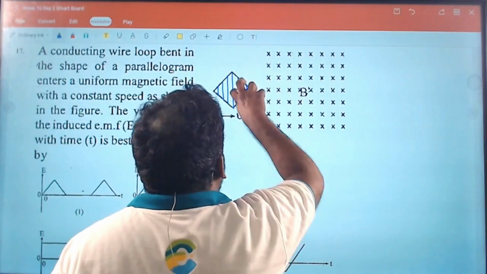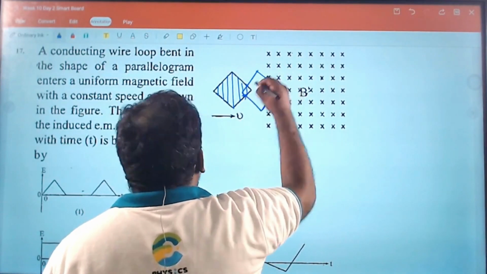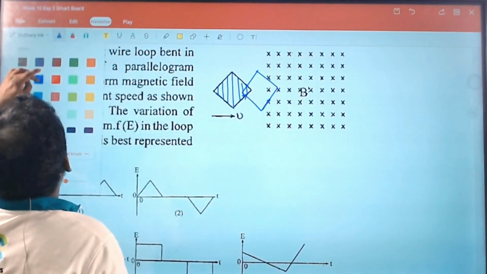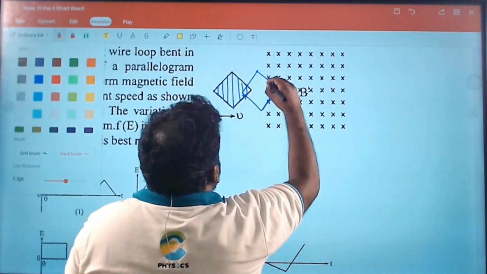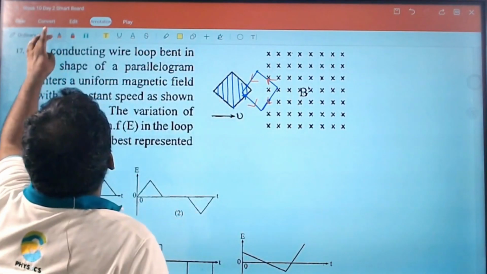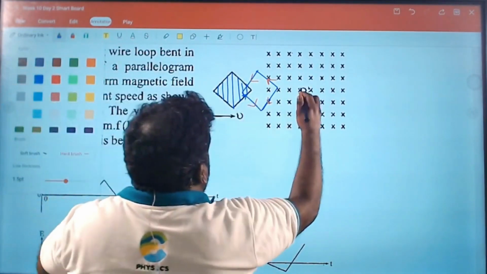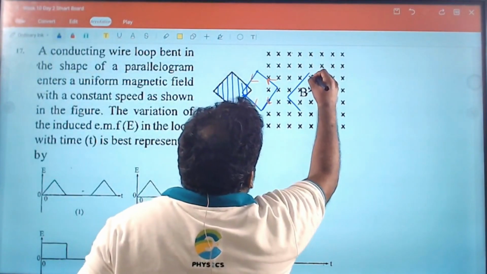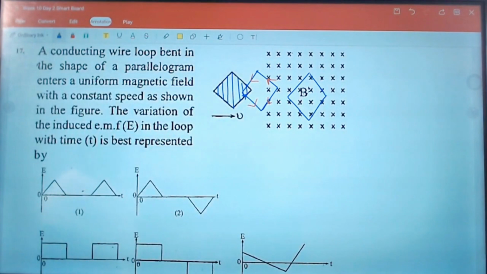Gradually field will increase. The moment it enters like this, gradually field is increasing. To oppose it, current will travel in the opposite direction. Now when it's completely inside, there is no current passing through.